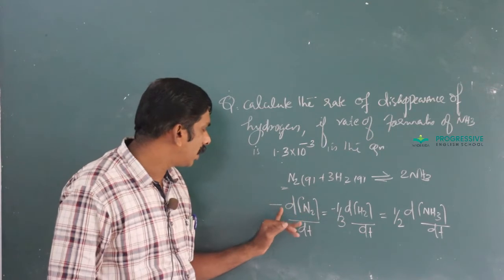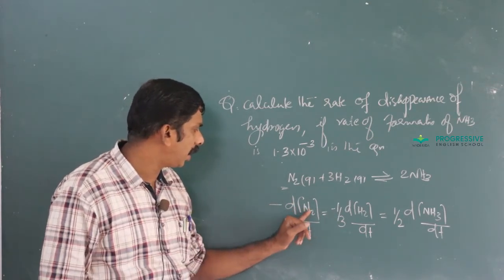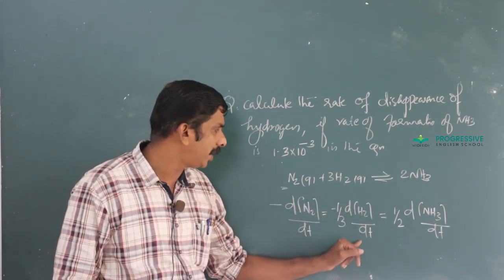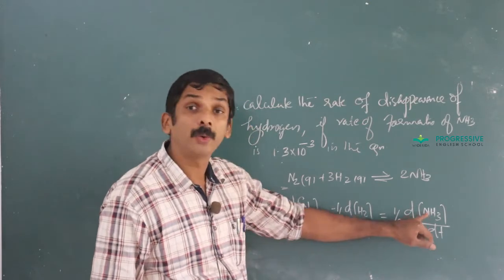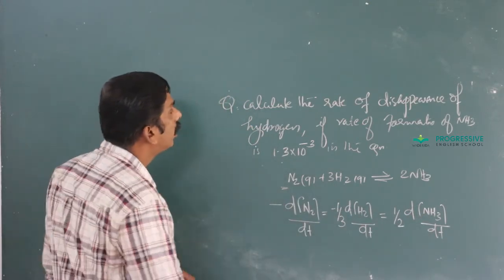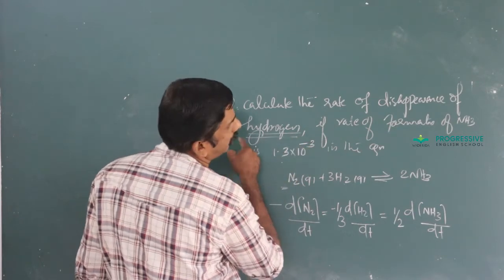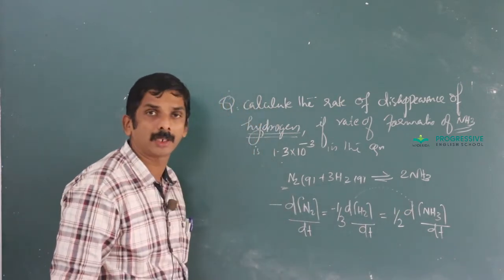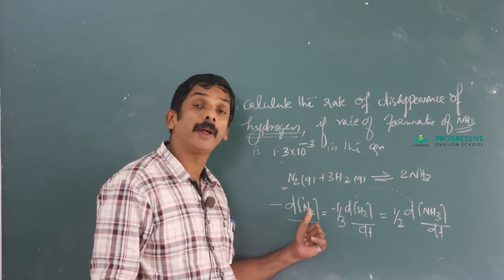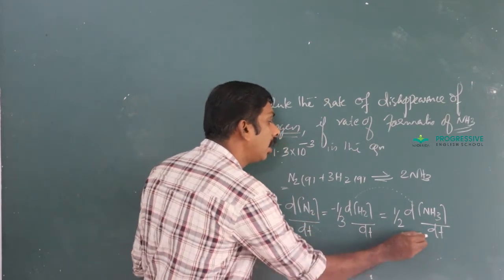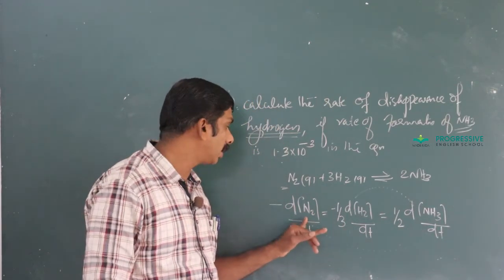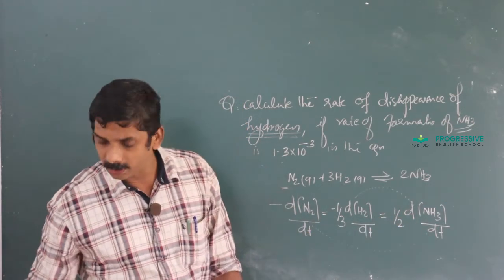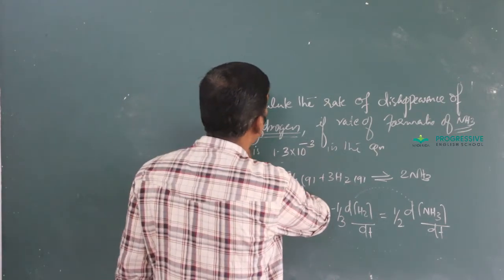That is, applying instantaneous rate, minus dN2 by dt equals minus 1 by 3 dH2 by dt equals 1 by 2 dNH3 by dt. Here the relation is between hydrogen and ammonia, therefore we consider only this relation. Otherwise, if they give the relation between nitrogen and ammonia, then you take the relation minus dN2 by dt equals 1 by 2 into dNH3 by dt.